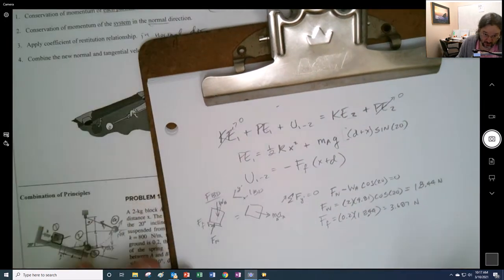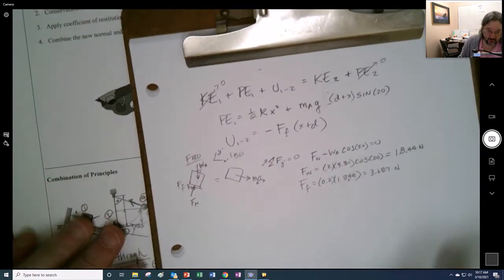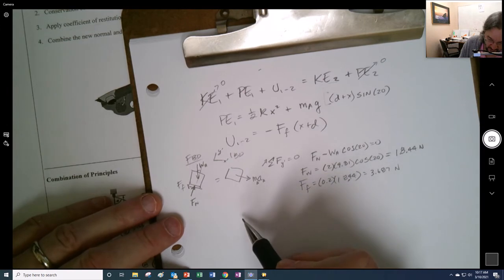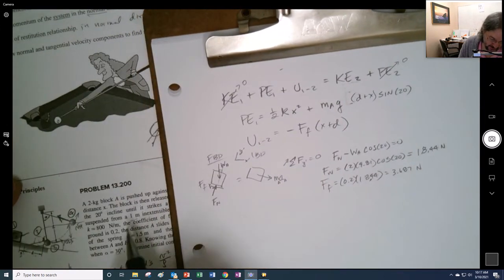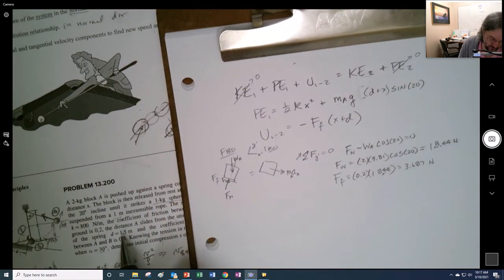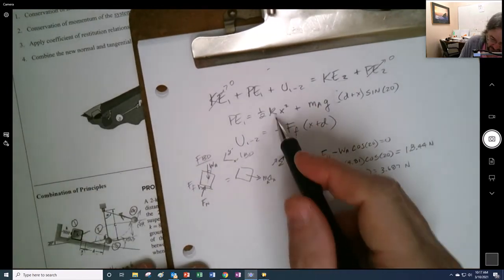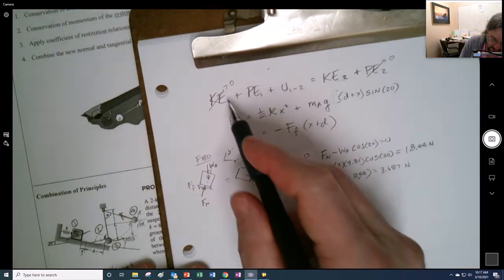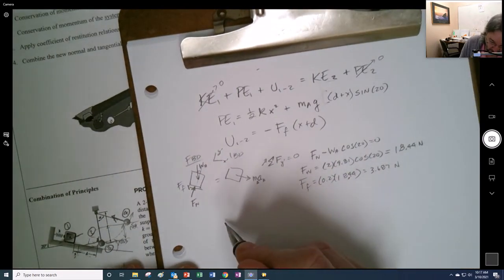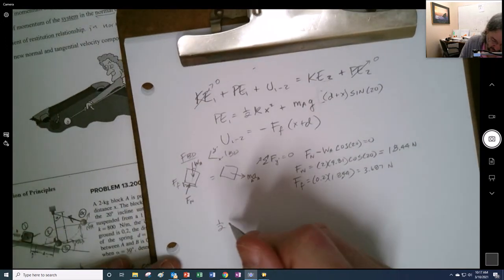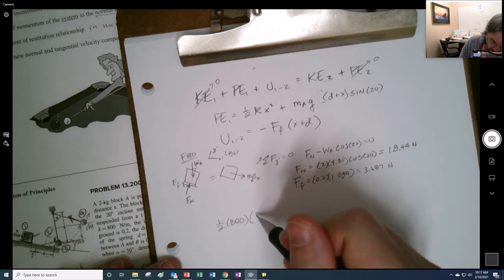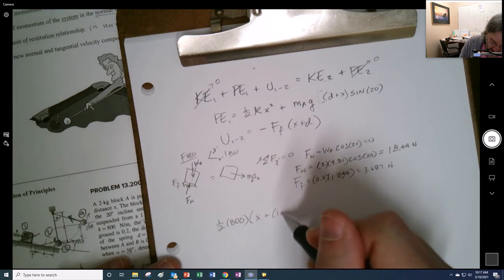Okay, so we know everything we need to do, right? And we know what D is going to be. D is 1.5 right there. Okay, so let's plug all these things in here. Ignoring the KE, and the PE is 1/2 spring constant 800 times our x plus 1.5.